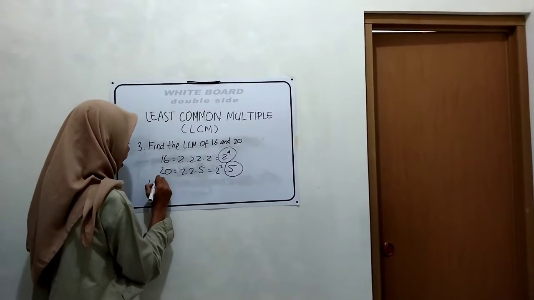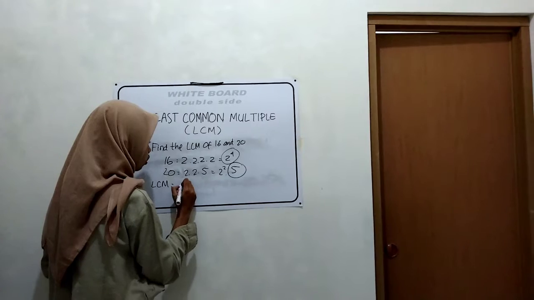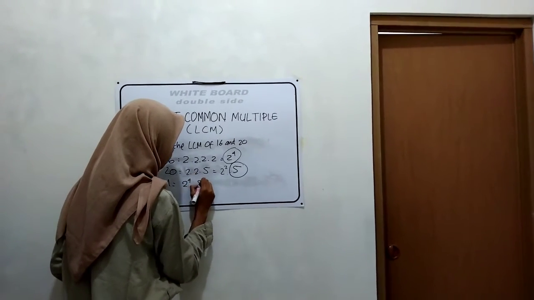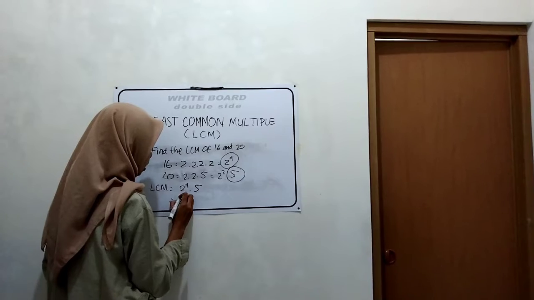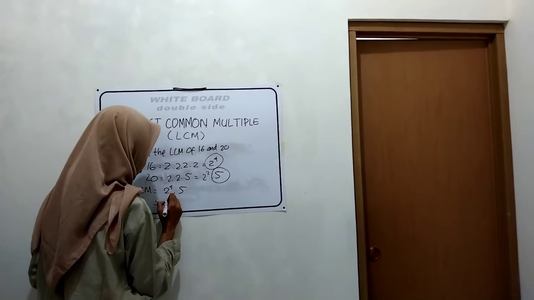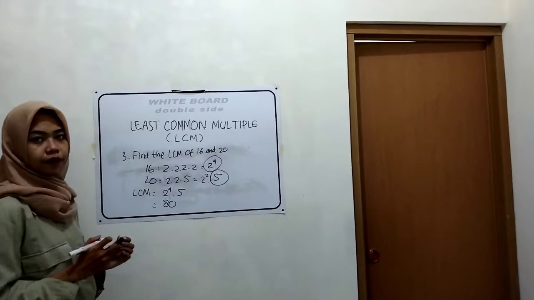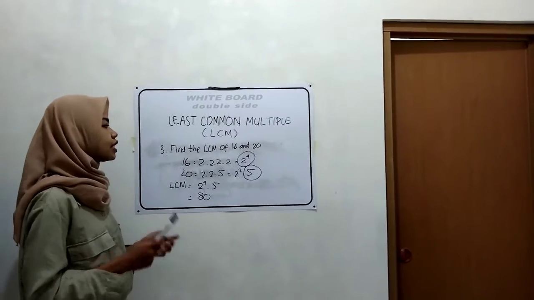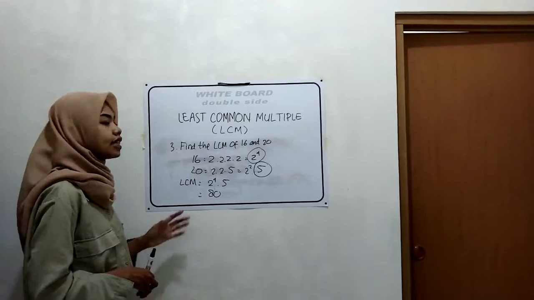So the LCM is 2 to the 4th times 5, which is 80. So the LCM of 16 and 20 is 80.